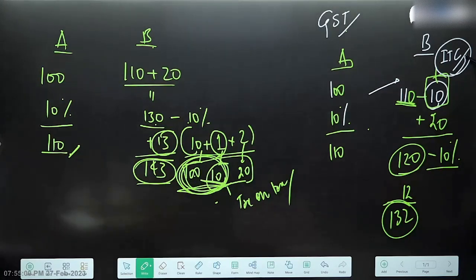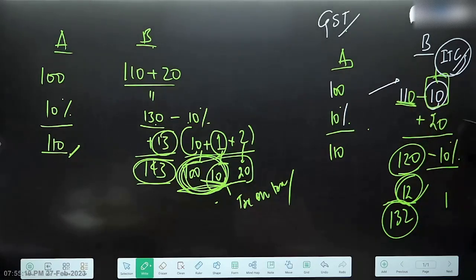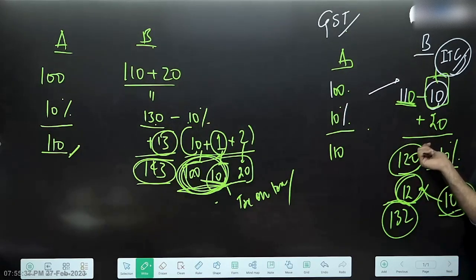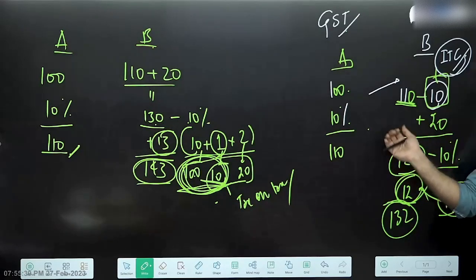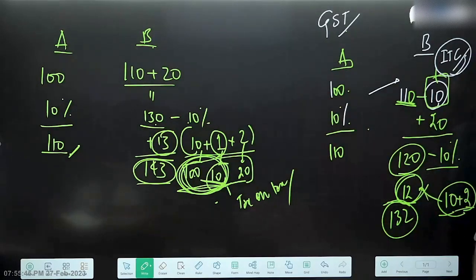So effectively the total tax on this whole transaction would be 12, which will be paid by the consumer. This is why with indirect tax, the incidence is on the manufacturer, but the impact is on the consumer. Total tax on value added, 10 rupees here and 2 rupees from B, that is a total of 12. This is the idea of GST: remove the cascading effect and tax only on value addition. Now in this case, the total tax collection by the government was how much?